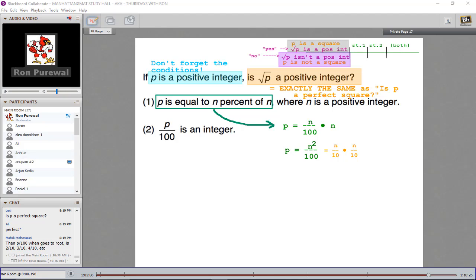Because we're definitely squaring something here. But the problem is, do we know? Are these integers? Do we know that? We got to think about that.